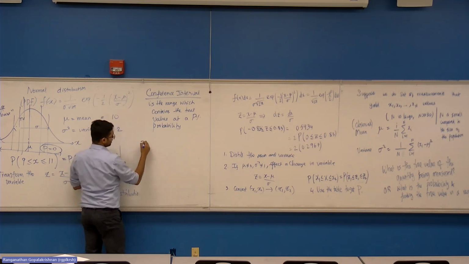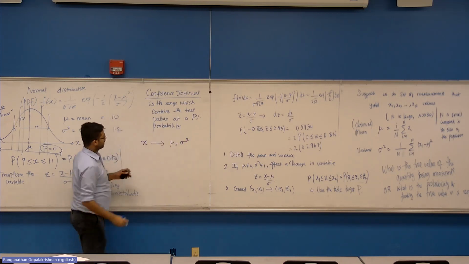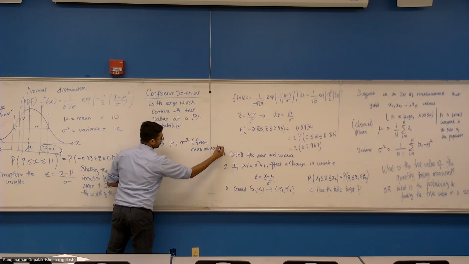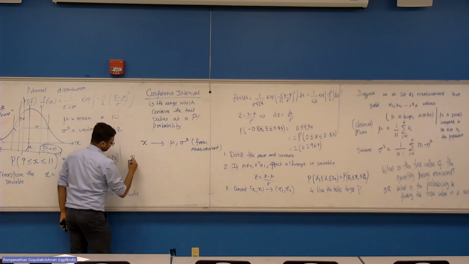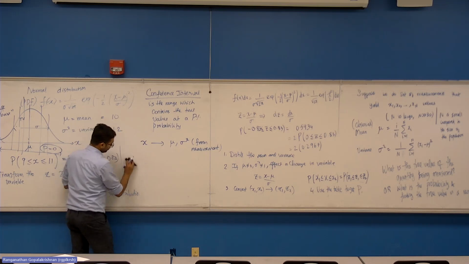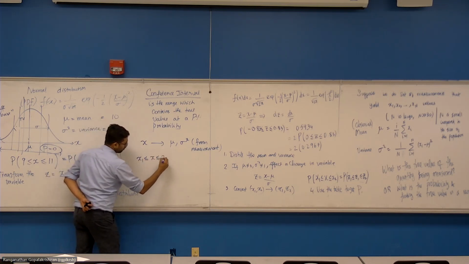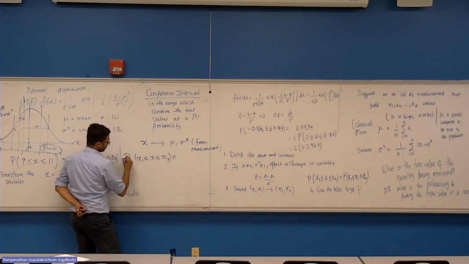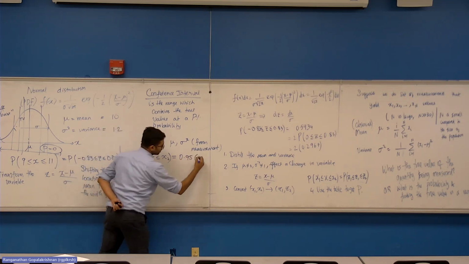So our quantity X here has a mean of mu and a variance of sigma, which came from measurement. I want to know the range of X within which the probability of getting the value is, let's say, 95%. I'm choosing this; it is a choice.